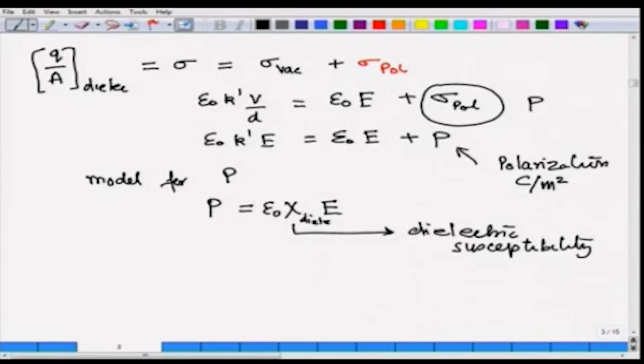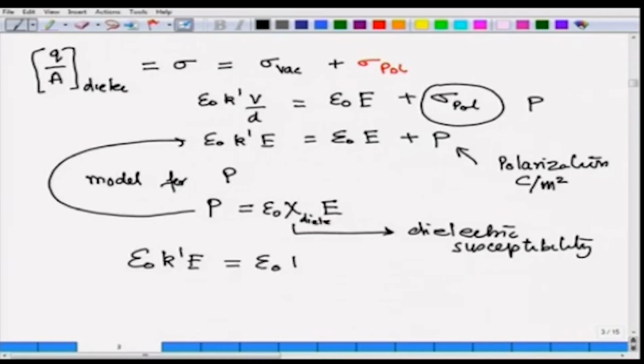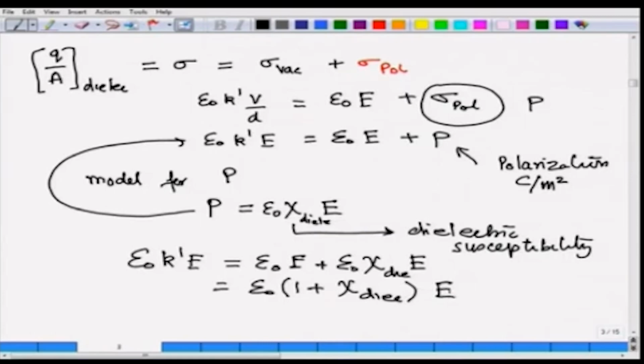If we take this model and insert it into this equation, I am going to write epsilon naught k prime E as equal to epsilon naught E plus epsilon naught chi dielectric E, which I write as epsilon naught (1 + chi dielectric) times E. Now you can recognize that this k prime is basically 1 plus the susceptibility.